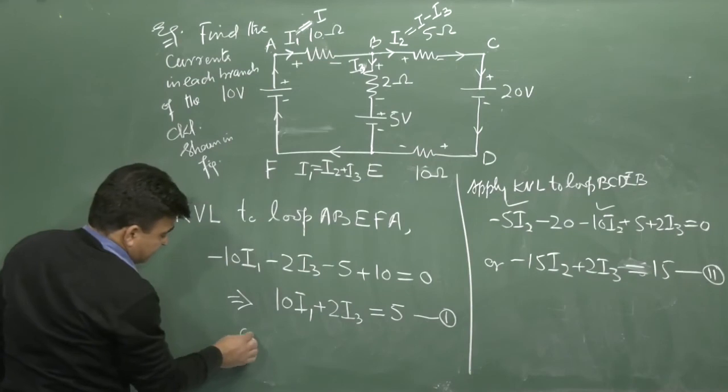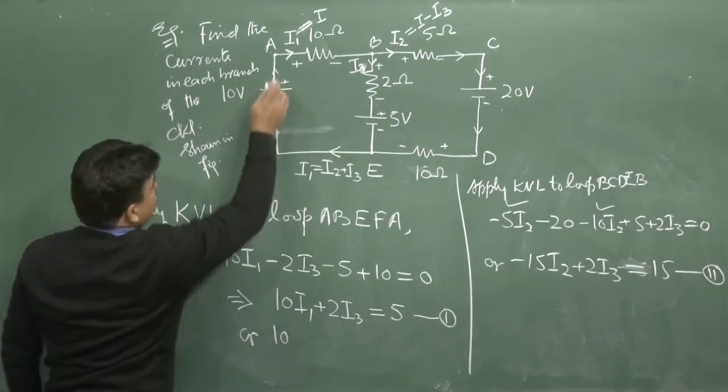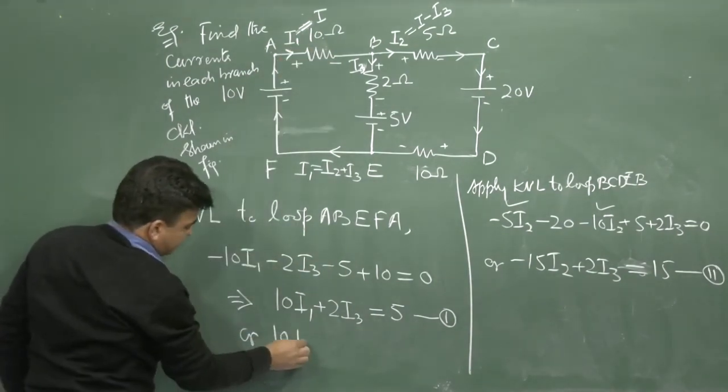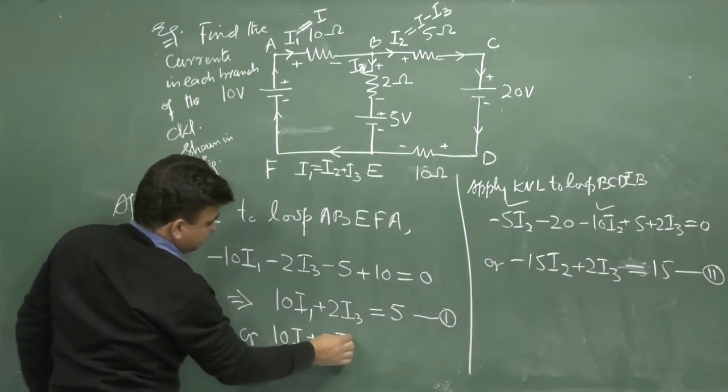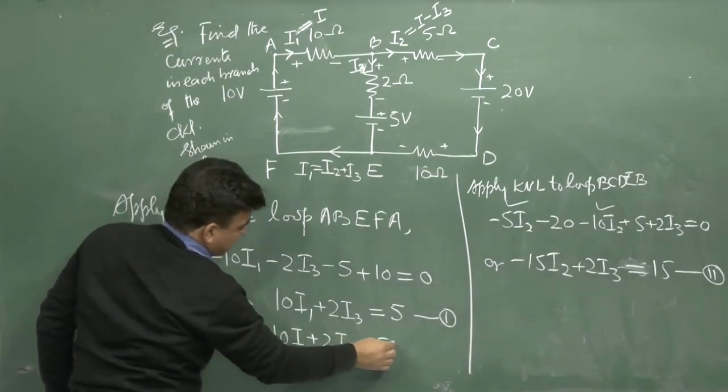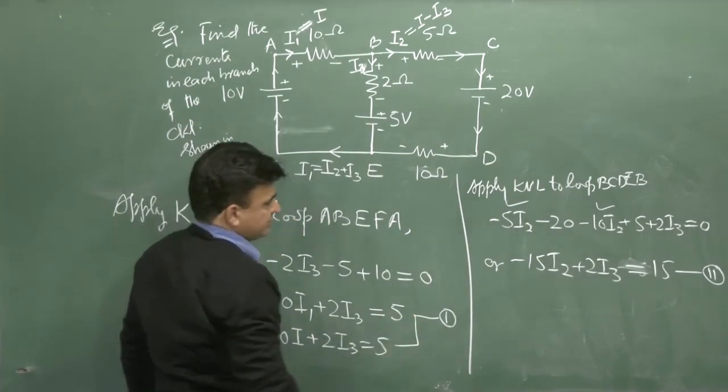Let us change it. Instead of I1, I will write I plus twice I3 is equal to 5. Let us call this the first.